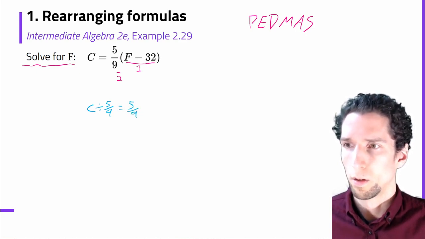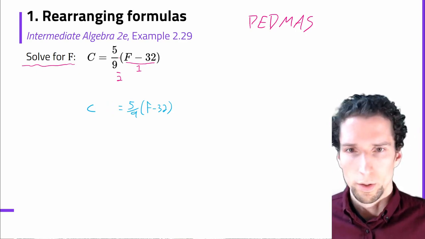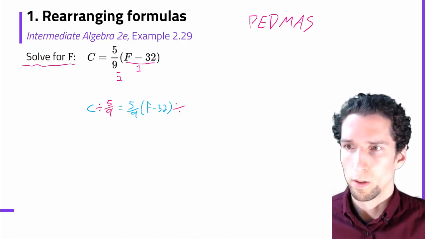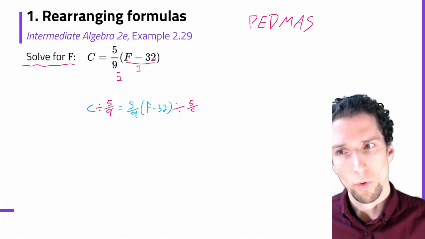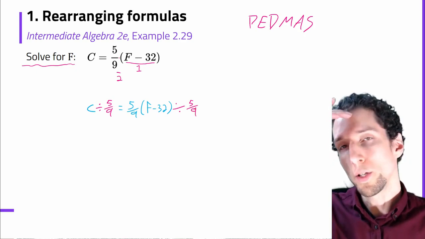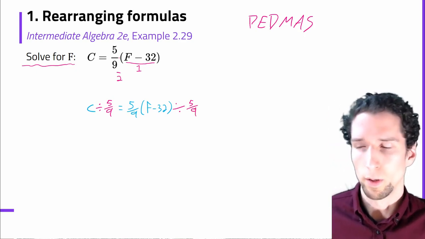I'm going to erase this and do the color coding a little better for clarity here. So we're dividing both sides by 5/9, doing the same operation on both sides. That's how everything stays balanced. That's what we talked about in the previous video.